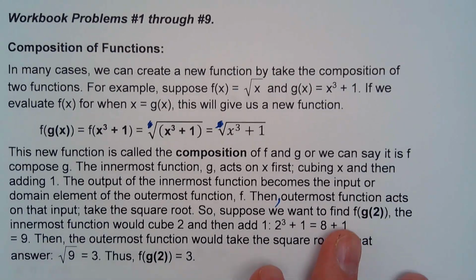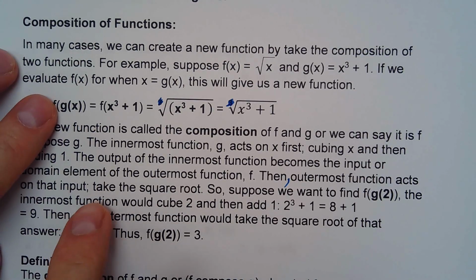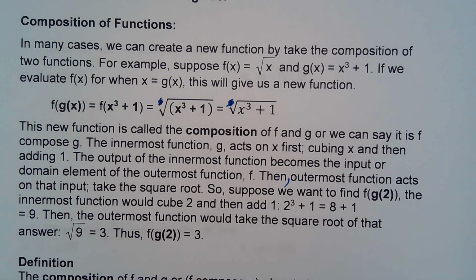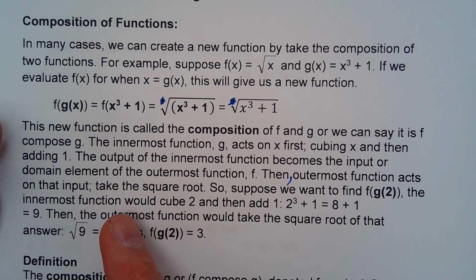Now, a more concrete way to think of composition is to think about doing laundry. Think of g, your innermost function, as your washing machine. You take dry, dirty clothes and put them in the washer.